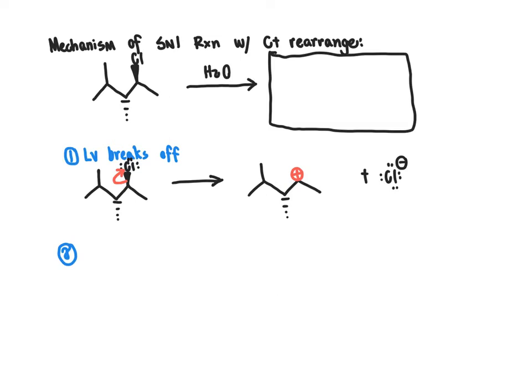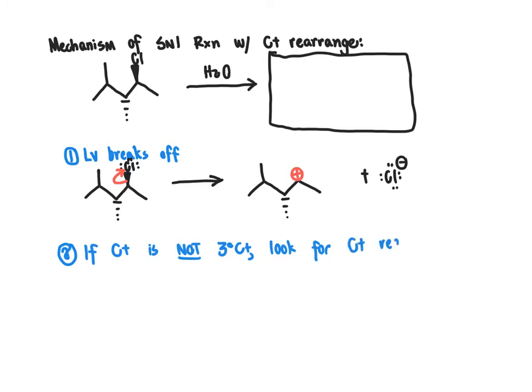So after step 1, in any situation, if the carbocation is not a tertiary carbocation, what we need to be looking for is a carbocation rearrangement. Sometimes these will be possible, sometimes they won't.